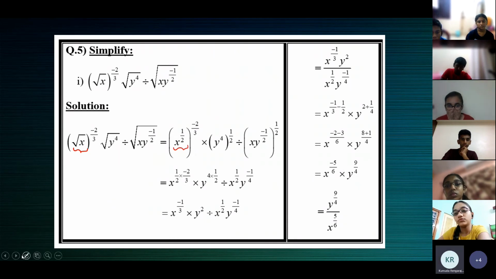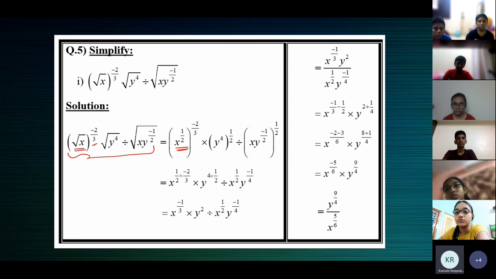See, this is the question, children. This is the expression given. So now you can see the square root of x is x to the power 1 by 2, because square root of x means x to the power 1 by 2. To the power minus 2 by 3. Then there is no sign here, that means into. Into y to the power 4.